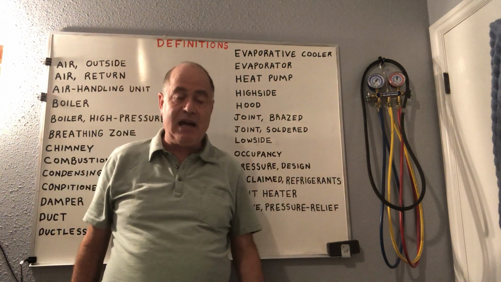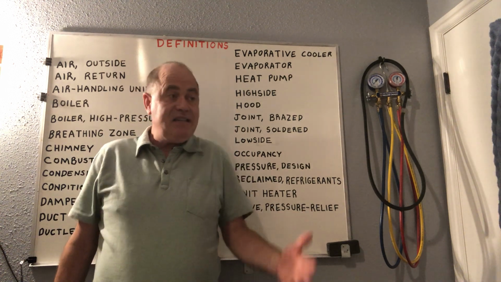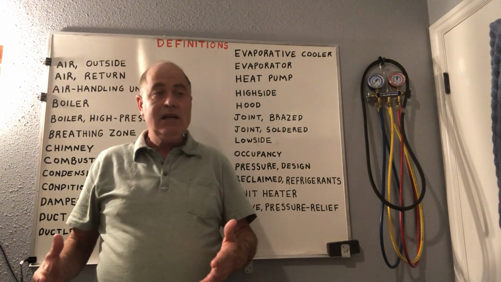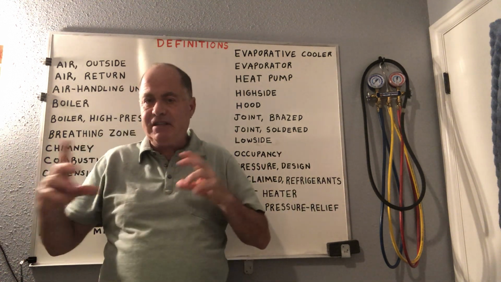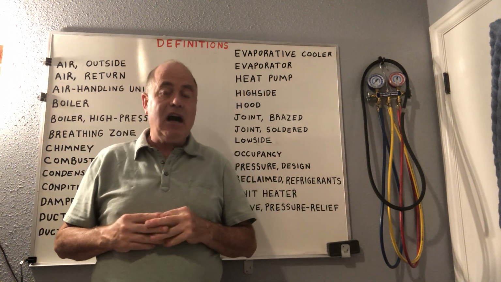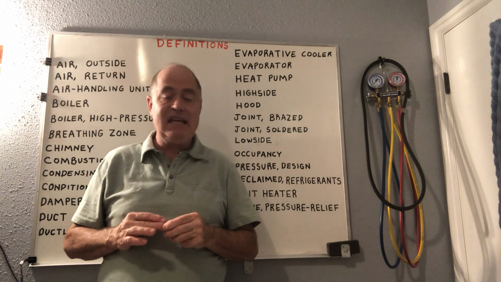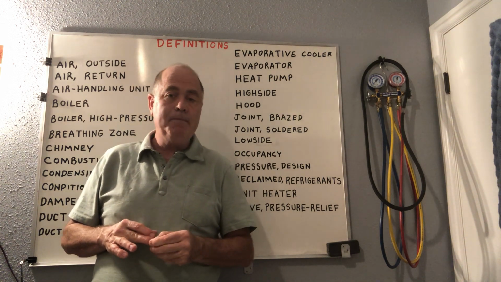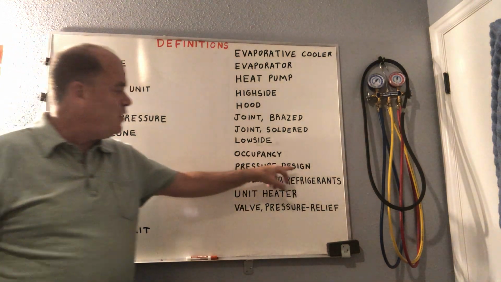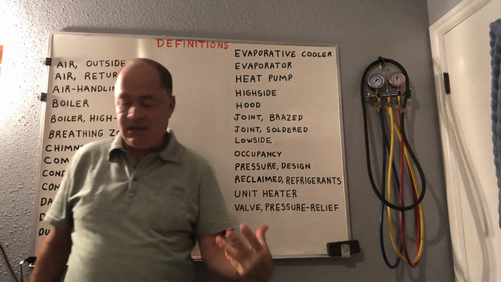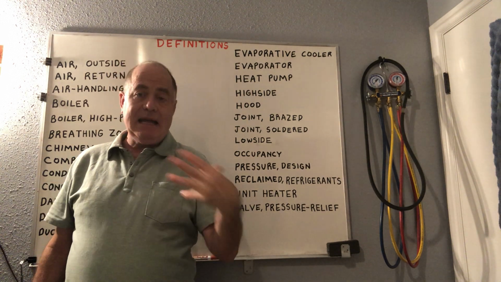And the code addresses that if people are sleeping there. Is it E? Is it educational? Is this a school? What are some things we have to deal with that? So there's specific codes, and the occupancy is how the building is intended to be used based on the code.